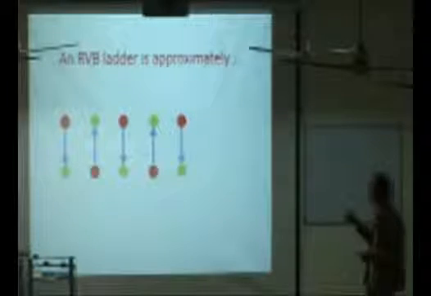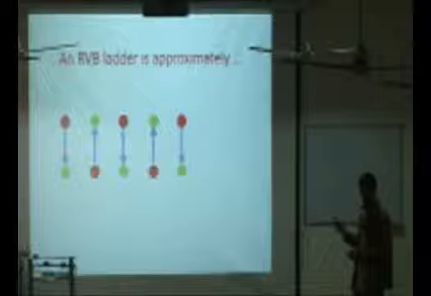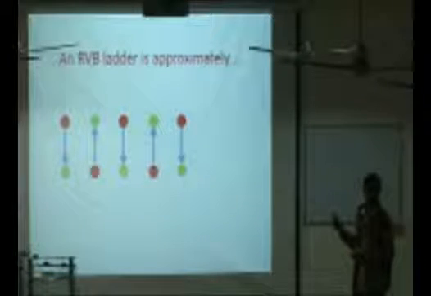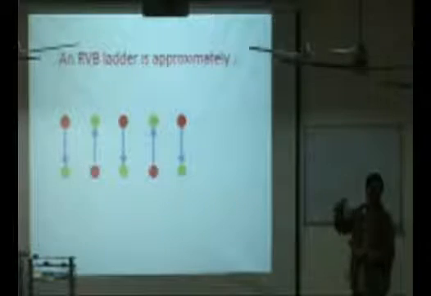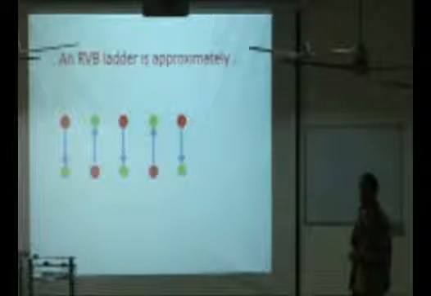So this entanglement, this is a singlet. Singlet means its bipartite entanglement is maximal. So it has the highest entanglement that is possible for a two-party state to have.